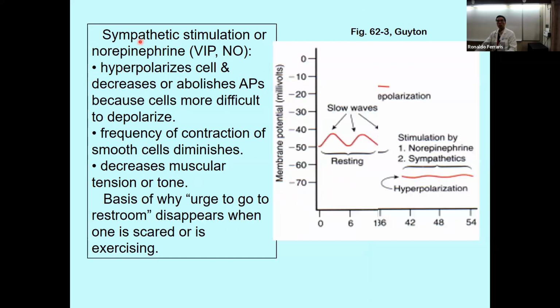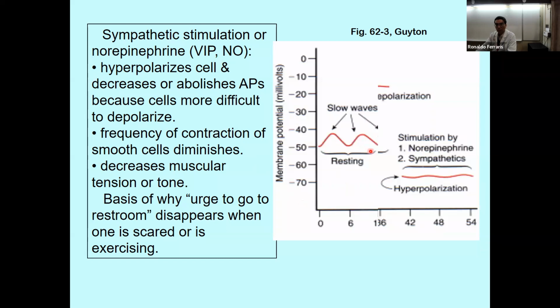Then what happens when you have sympathetic release, VIP? Remember what happens with your VIP? It's a relaxing signal, right? You always have to go back, because the GI tract is very highly integrative. I'm showing you here the cellular mechanism underlying the effect of VIP.